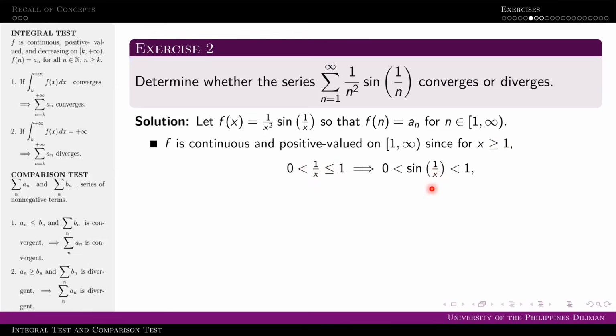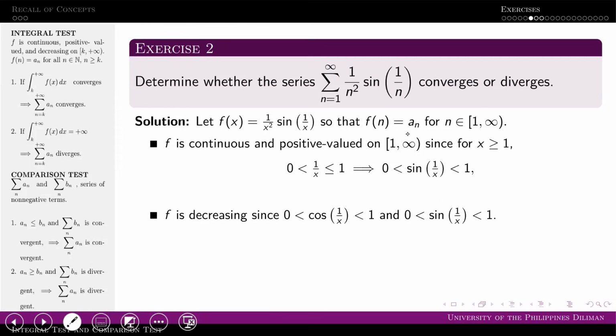So yung sine 1 over x natin would be between 0, and in fact it's sine 1, but sine 1 is less than 1. So sine 1 over x would be between 0 and 1. Moreover, si f natin is decreasing using the same logic. Si cosine 1 over x would also be between 0 to 1, as well as yung sine 1 over x.